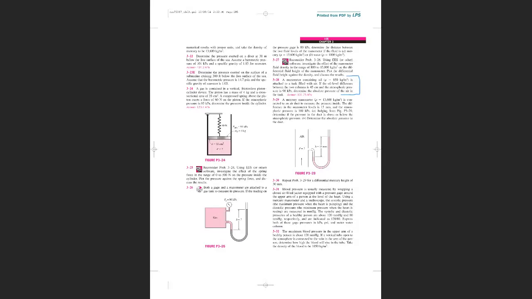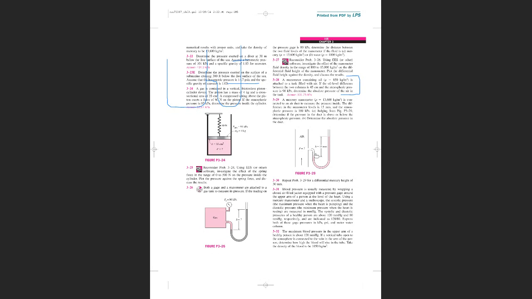This is the example where we have that tank. So delta h is given, and therefore it is simple and straightforward to apply P equals rho gh. 28 is basically in the slide.